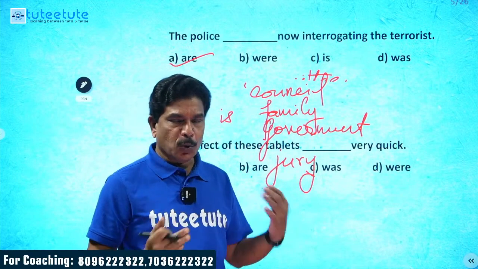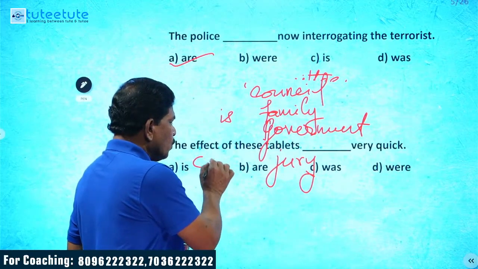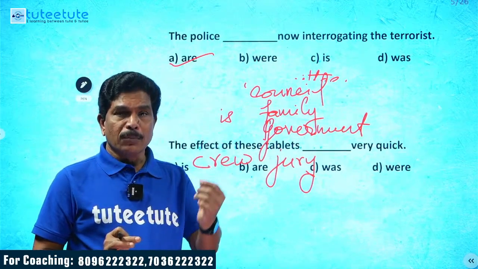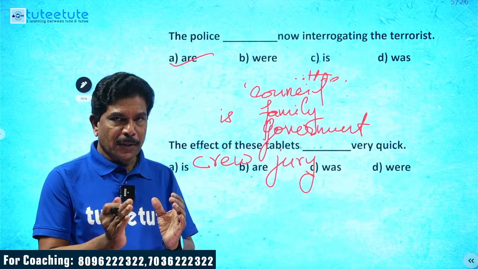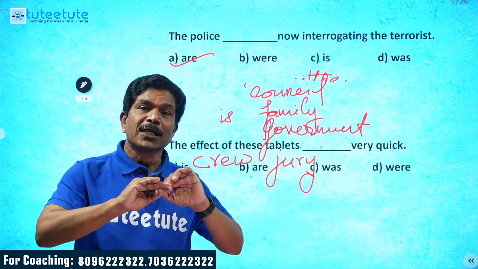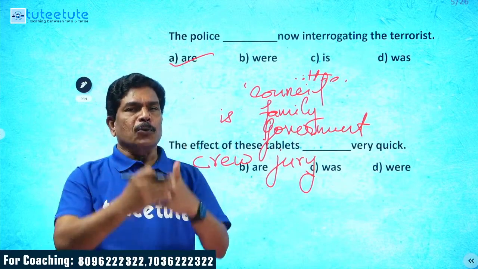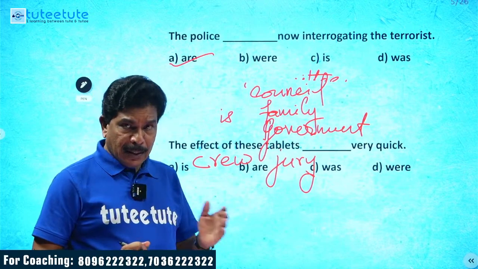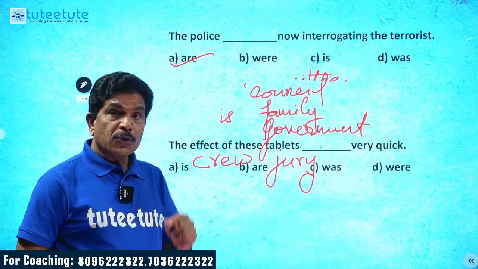Therefore, jury is a group noun. Then we know crew. Crew needs more than one person for the unit. But when you mention crew as a unit, it is singular. But when you mention the crew members, it is plural. Then we have society.